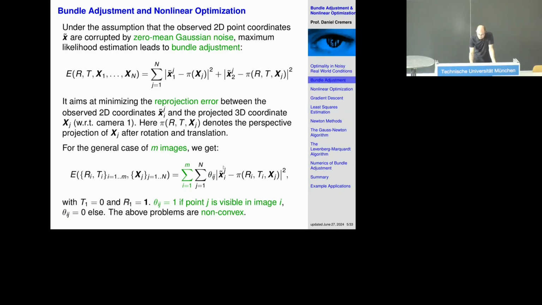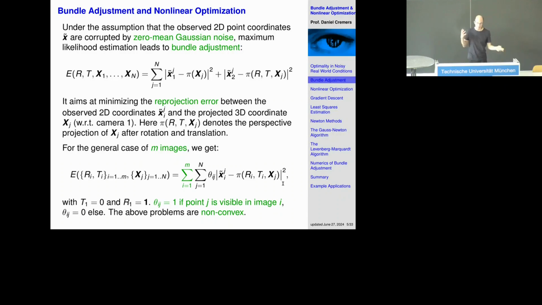There's typically a summation over observations of images and points, and then there is a loss function that has a square here. So on the outer surface it looks like it's quadratic in the unknowns, but be careful, the unknowns are in here. This is a rigid body motion of the point xj and then the perspective projection.